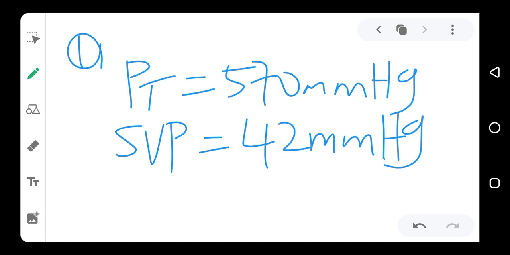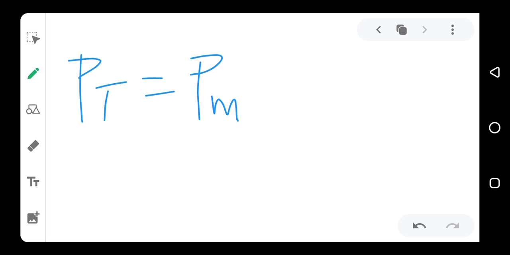Now SVP is equal to 42 mm mercury as given in the question. Now we are looking for the pressure of the methane gas. Let's call it PM. Now we have that total pressure is equal to PA plus PB, the general formula. In this case, our PA is equal to PM, pressure of the methane gas, plus PB is the saturated vapor pressure, SVP.